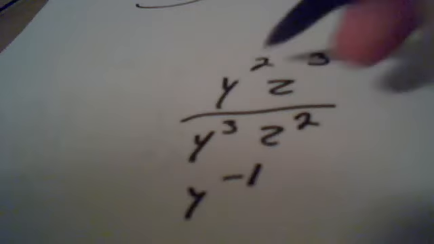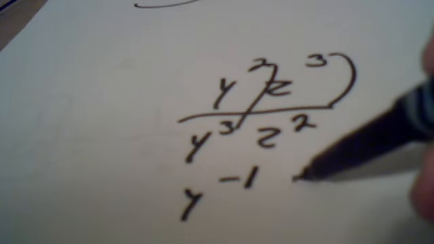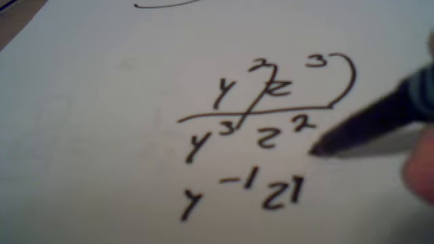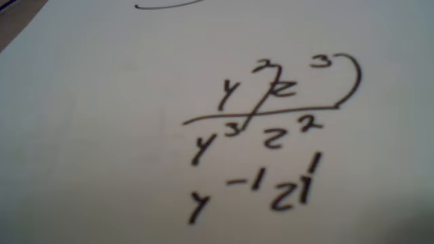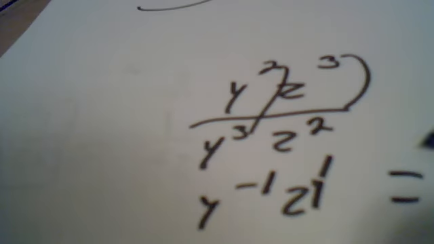So 2 minus 3 is -1, y to the -1, and 3 minus 2 is 1, z to the first. So basically, what we want to do is write z over y, because the negatives always go on the bottom to make it positive, and the positives go on the top because it's positive.